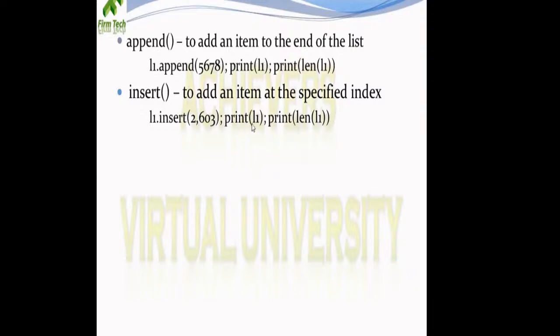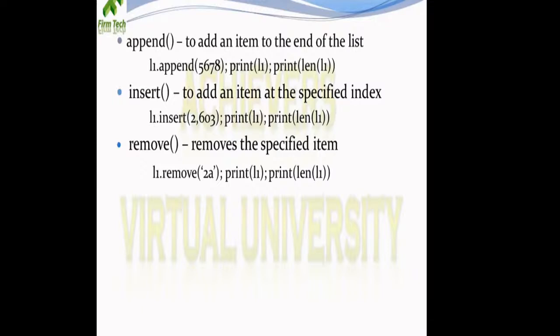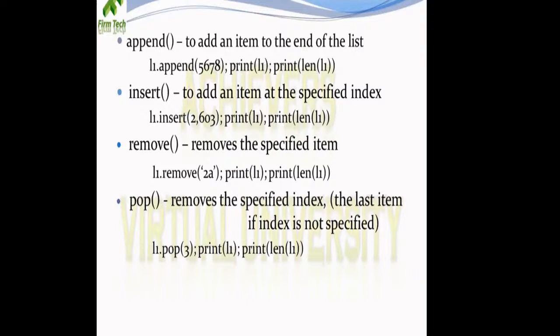In the same case, print of L1 will give the new list, and print of length of L1 will give the length of the new list. And next one is remove. The remove method will remove the specified item from the list. And pop will remove the item belonging to that index. In this remove method, we will be using the name of that item.